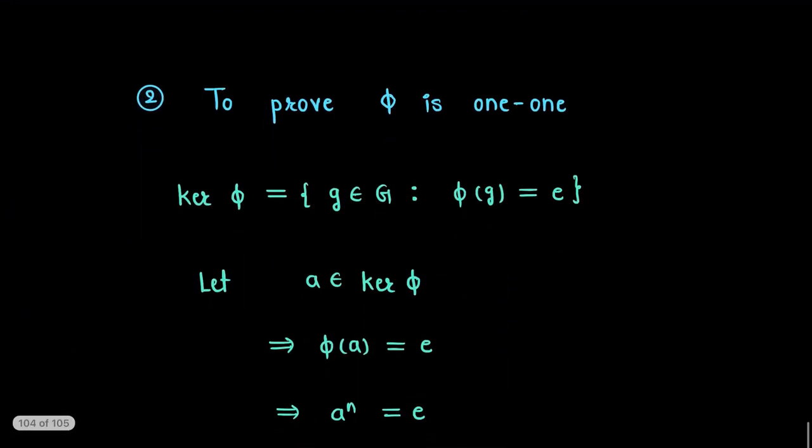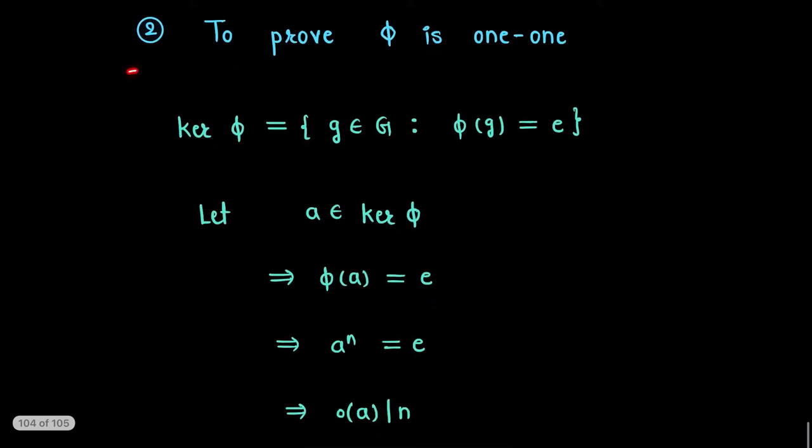Next, to prove phi is one-one, we will show that the kernel of phi is the singleton identity element. So what is the kernel of phi? Kernel phi is the set of all those elements g in group G such that phi of g is equal to the identity, meaning all those elements in group G which get mapped to the identity element of group G under phi.